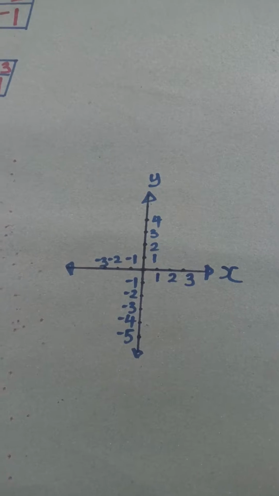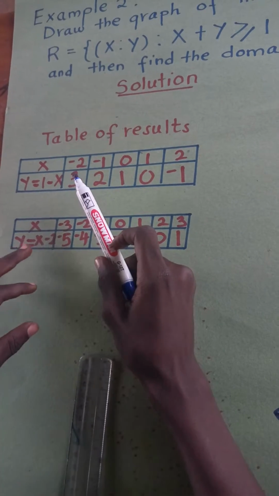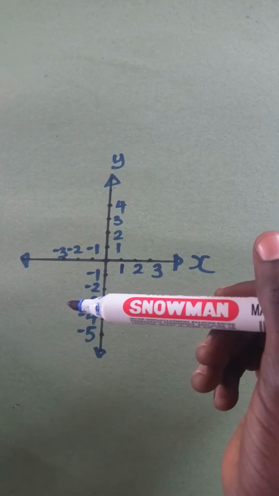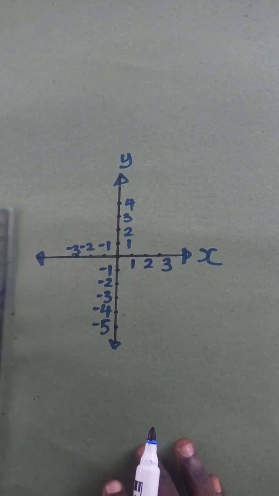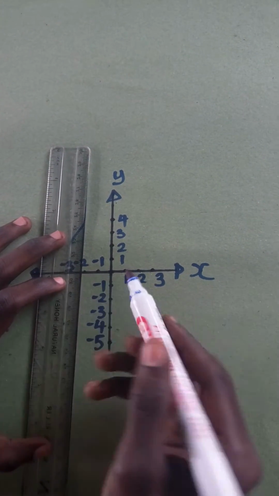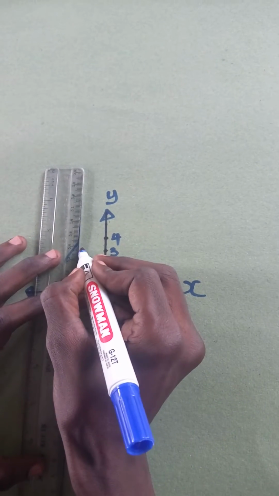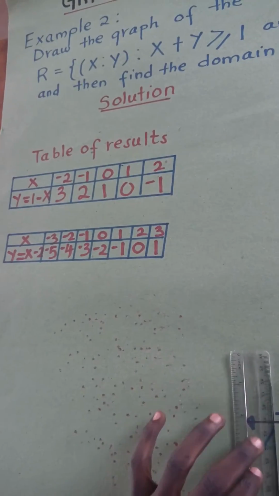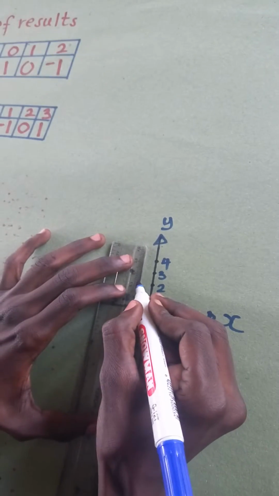Okay, for inequality number 1, when x is negative 2, y is equal to 3, which is here. When x is negative 1, y is equal to 2.